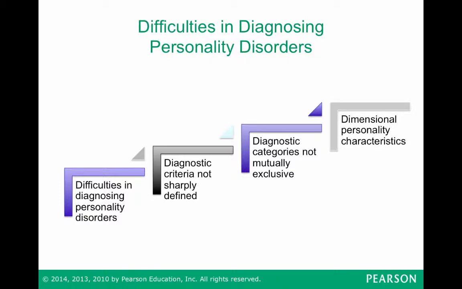Cluster A, Cluster B, and Cluster C may have some similarities. And then the dimensional personality characteristics, each person and what they bring, heredity, environment, and those types of things in the way that the disorder manifests itself.